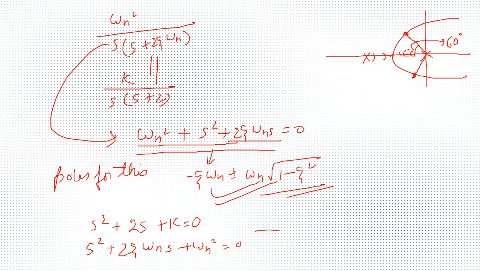You can get from here that omega n is equal to root K, and 2 zeta omega n is equal to 2.